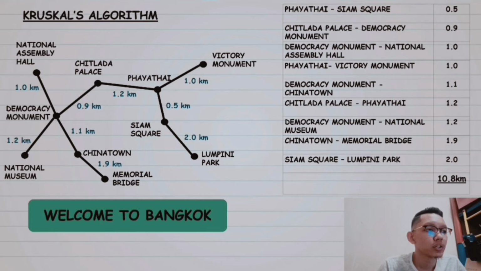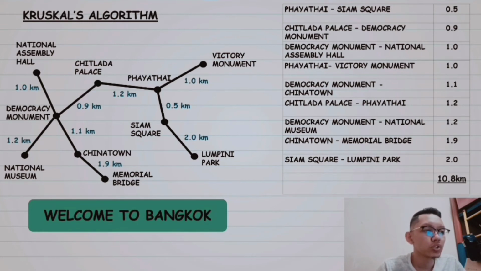So I will add all together: 0.5 plus 0.9 plus 1.0 plus 1.0 plus 1.1 plus 1.2 plus 1.2 plus 1.9 plus 2.0, and we get the total answer.